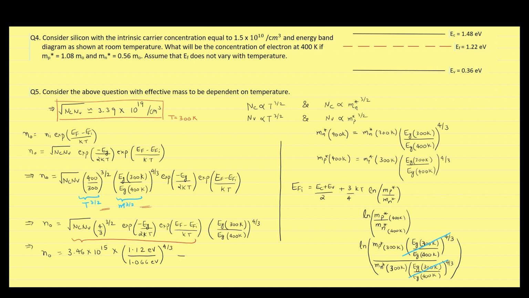After calculating it, the value of free electron concentration will come out to be around 3.69 into 10 raised to the power 15 per centimeter cube. This will be the final answer.